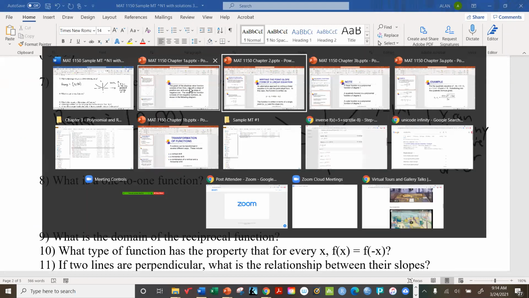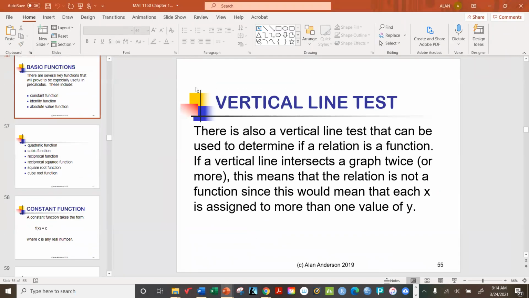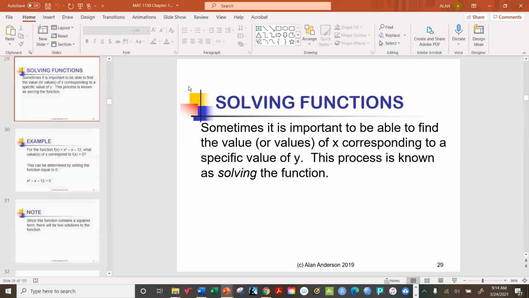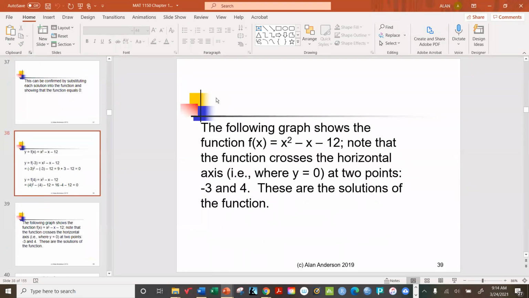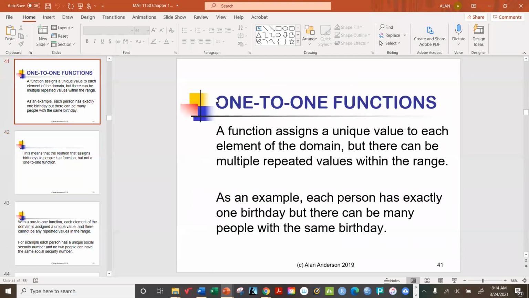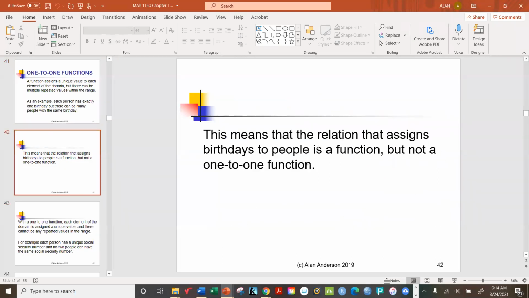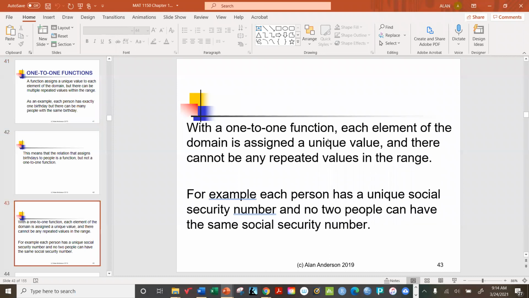So if you look in 1, here we go. Oh, I just saw it. What is a one-to-one function? A one-to-one function means each element of the domain is assigned a unique value in the range.